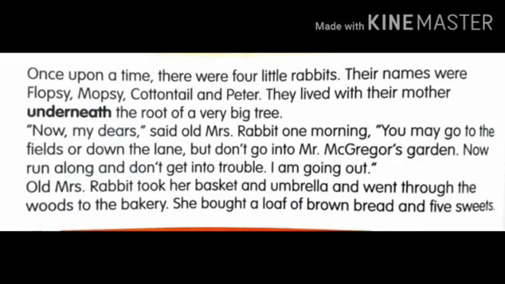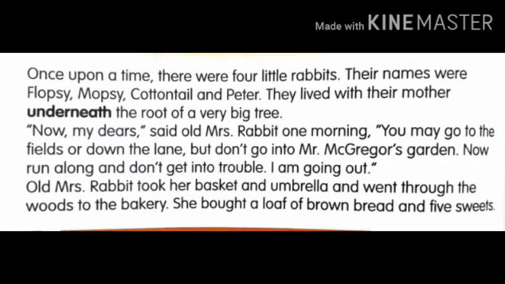Now see what Mrs. Rabbit is telling here. She's telling the little rabbits not to go into McGregor's garden. There is a garden and that garden belongs to Mr. McGregor. So here we have one more character, Mr. McGregor, and the garden. It is also a setting, McGregor's garden.